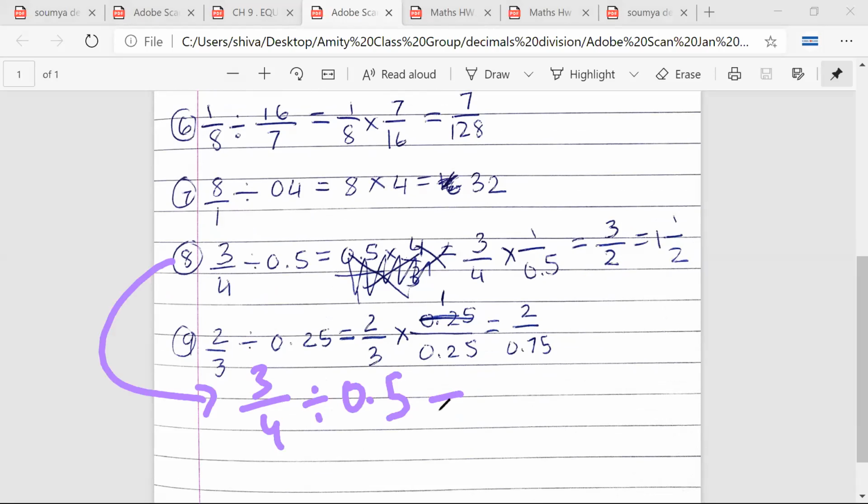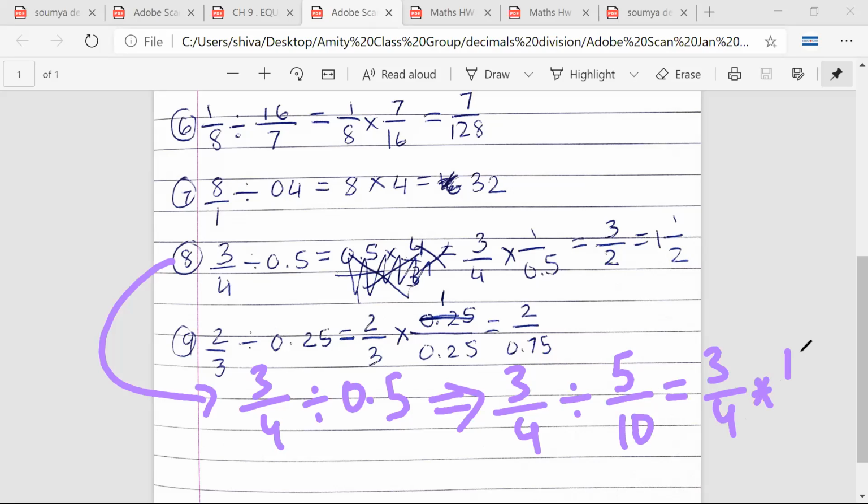Now, as per our discussion, what should I write this as? So it will be 3 upon 4 into 10 upon 5. Don't say into, say divide by. Okay, divide by 5 upon 10. Shabash. And then it will be 3 upon 4 into 10 upon 5.